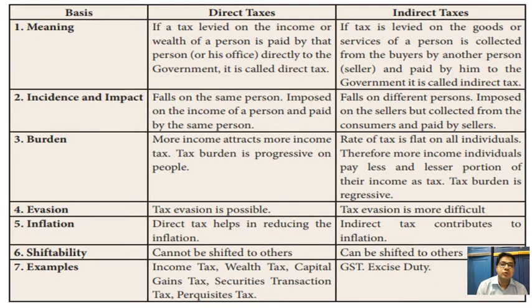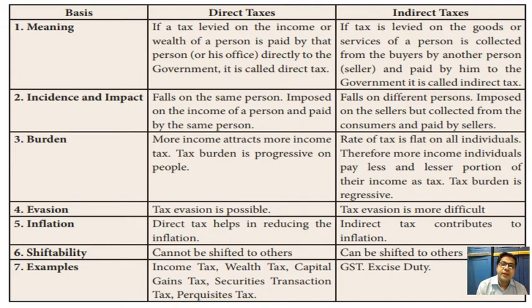Now if you earn some amount of business profit, or if you are a professional person and you earn certain amount of fees, and you pay some portion as per the government tax rate, it is called a direct tax.